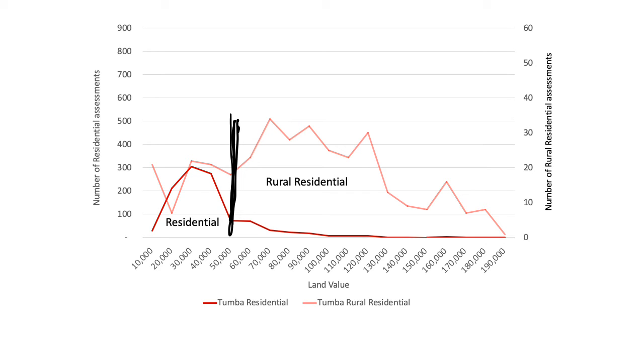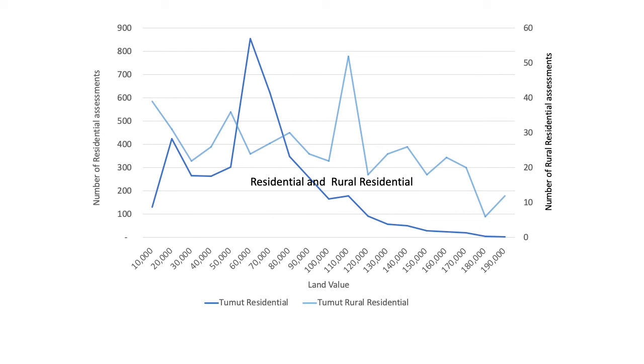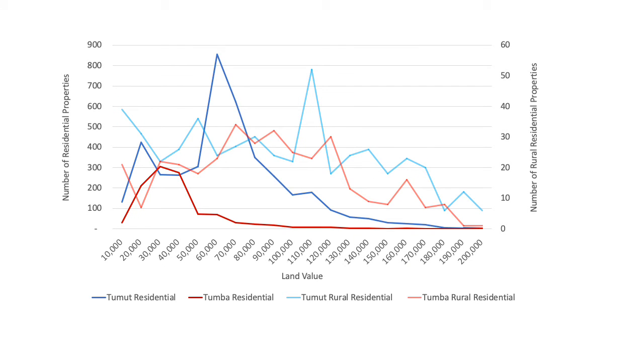This was possible though because there was a reasonably clear distinction between the lower value residential and the higher value rural residential. In the former Tumut Shire, there's a significant overlap between the two, as can be seen in this chart. And when both of these charts are combined, it's clear that there is a significant overlap for Snowy Valleys between the value of residential and rural residential land. So if we draw a line at, say, $86,000, which is the value of the typical rural residential block in Tumbarumba, there's actually almost 1,000 residential properties valued over that amount in Snowy Valleys.